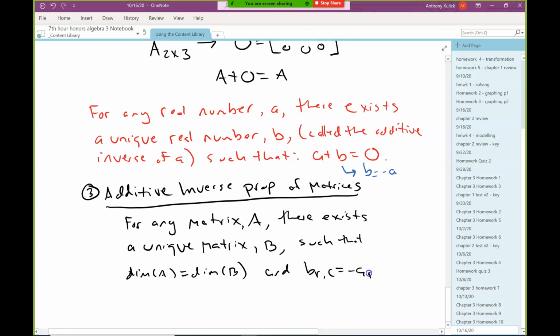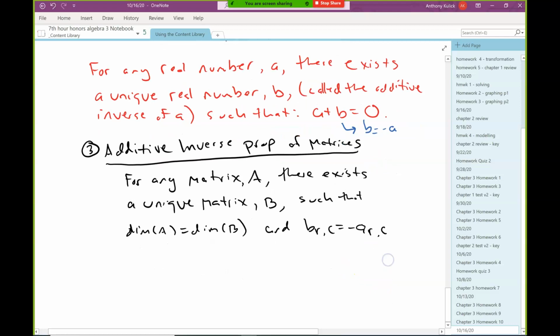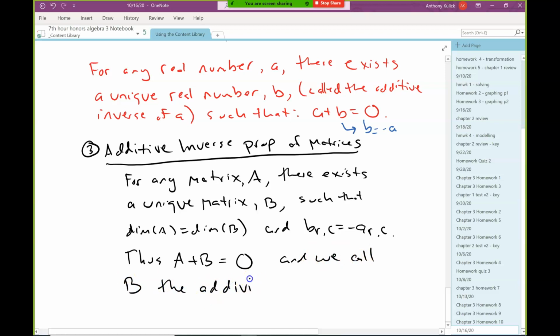Since we're talking about B. Okay, for any matrix A, there exists a unique matrix B such that A and B have the same dimension, and the entries in B are just the opposite of the entries in A. That means that A plus B gives us 0.